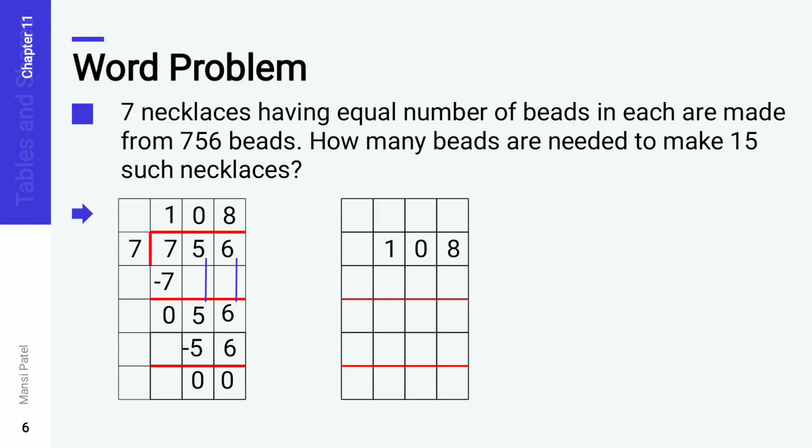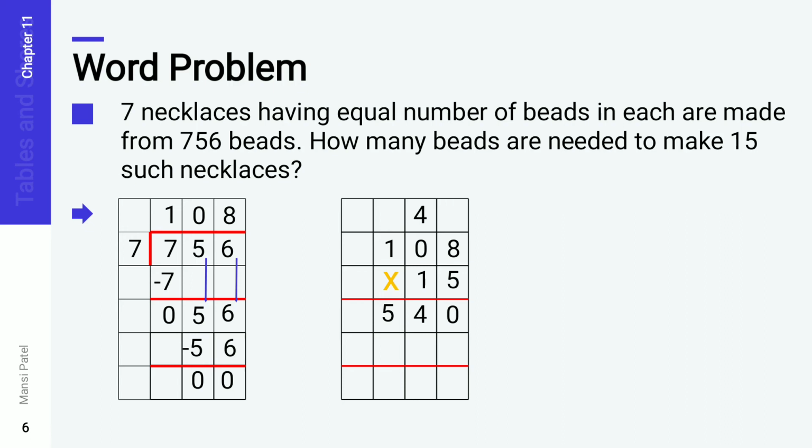108 beads for one necklace. Now they want to make 15 necklaces. So multiply by 15. Now do the multiplication. 5 8s are 40. So 0, and 4 in the carry. 5 zeros are 0, and 0 plus 4 is 4. Now 5 ones are 5. Now we have to start the multiplication from 1, which is in the place of tens.